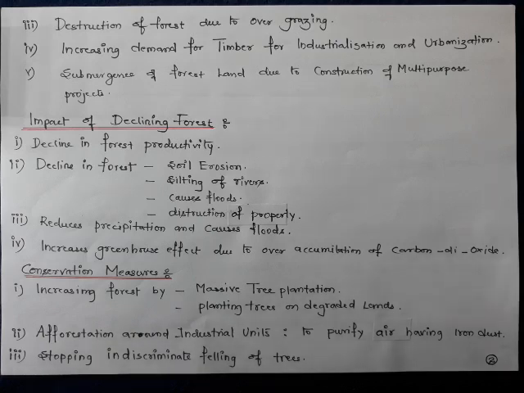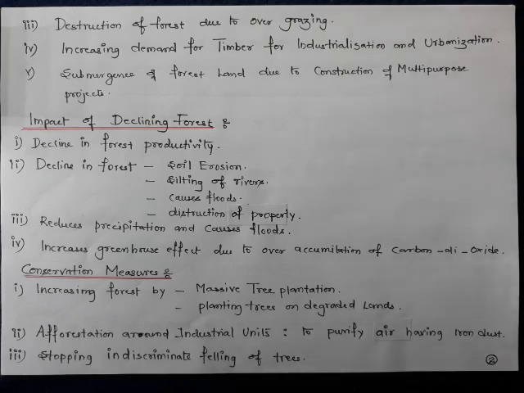So keeping this in mind, there are certain measures which have been initiated by the government to conserve forest, like increasing forest by massive tree plantation, planting trees along degraded lands. Degraded lands means those lands which are no more suitable for growing crops or practicing agriculture.